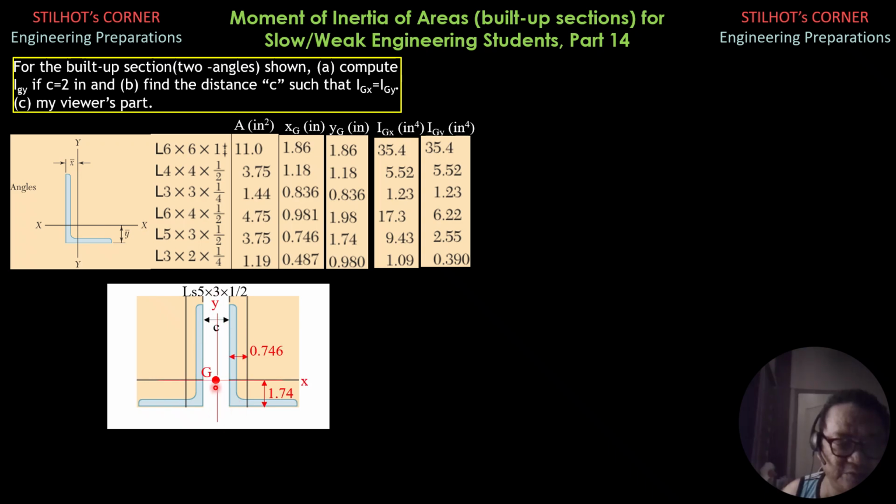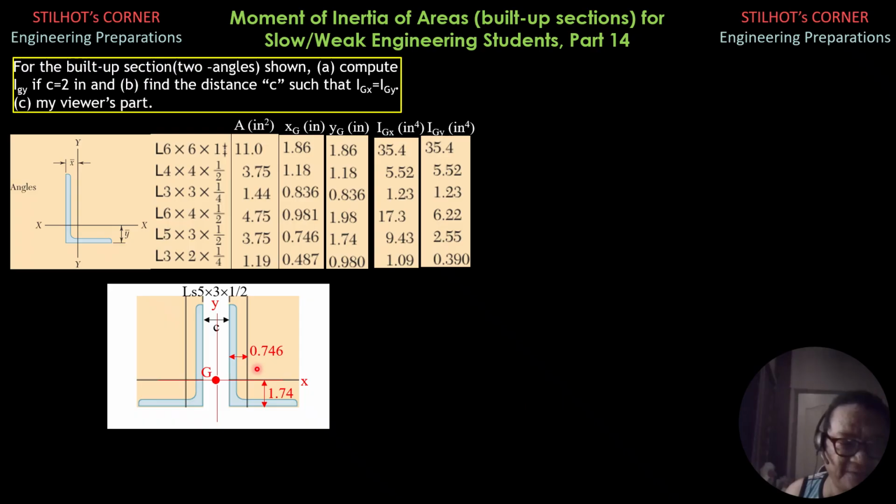This is the new centroidal axis. So the centroidal axis of each individual angle with respect to x still coincides with this axis, while the individual centroidal y-axis of each angle is here. So we are going to transfer it to this axis here.